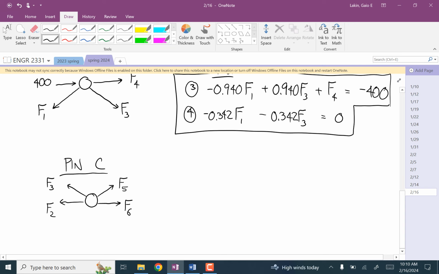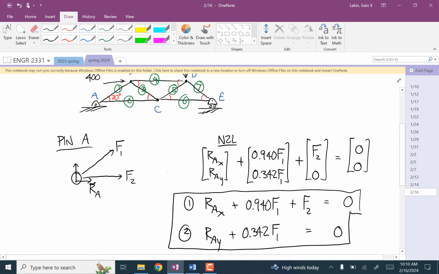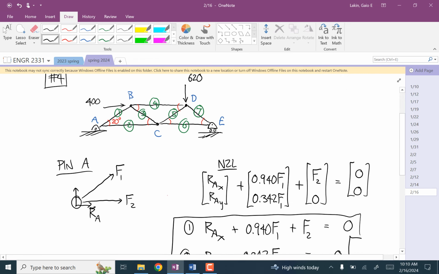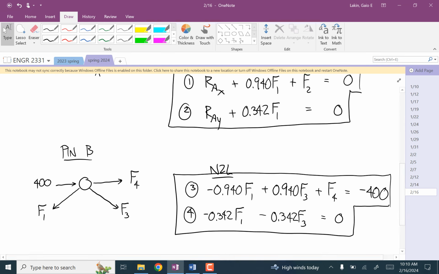I said that we're trying to solve for 7 variables, but that's not true. If we could solve for just 7, we'd be happy to do it. But we have 10 total because we also have this reaction force vector RA at A and a single value at E.